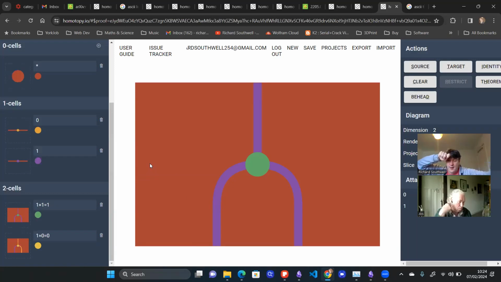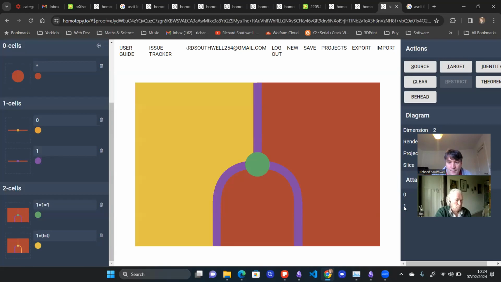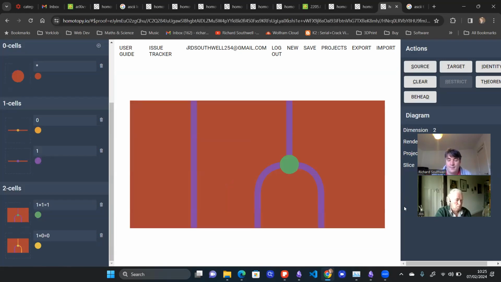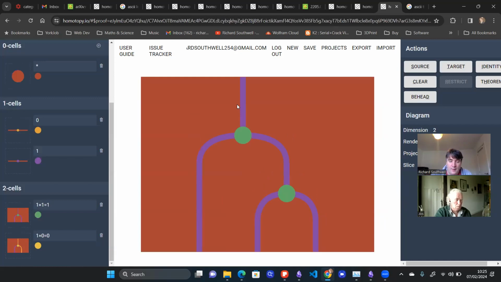I could attach a 0 or a 1. So let's attach a 1. Now let's click on the top between these 2 purple lines, and we get this.